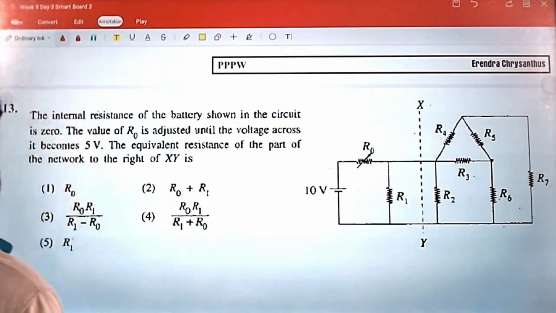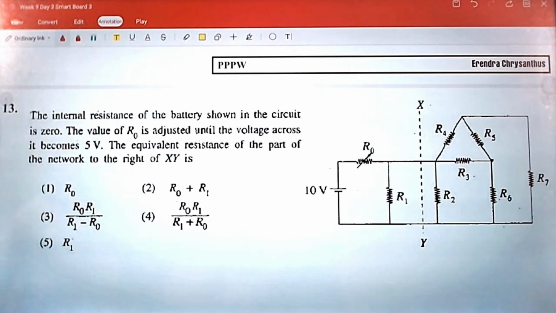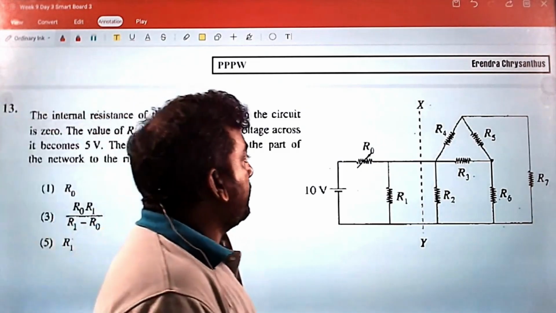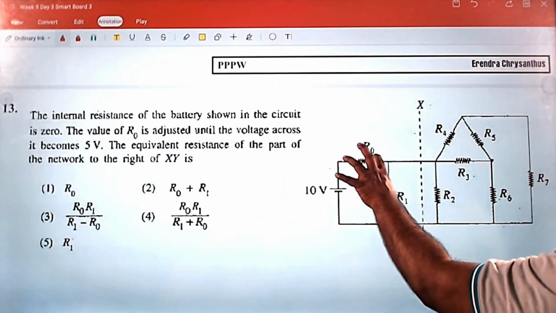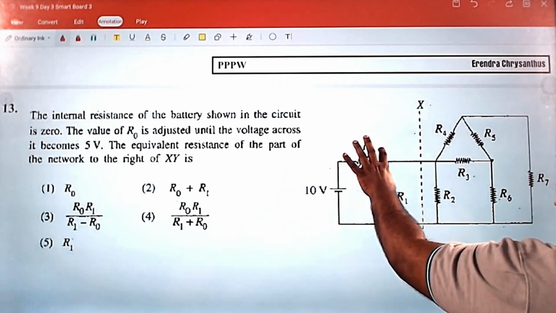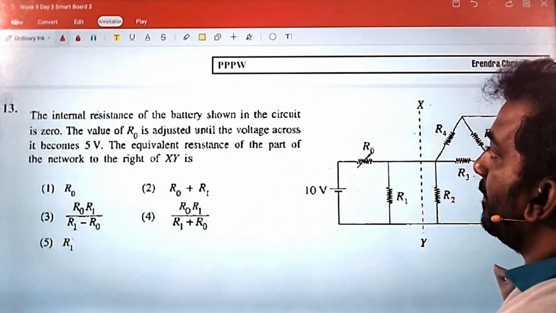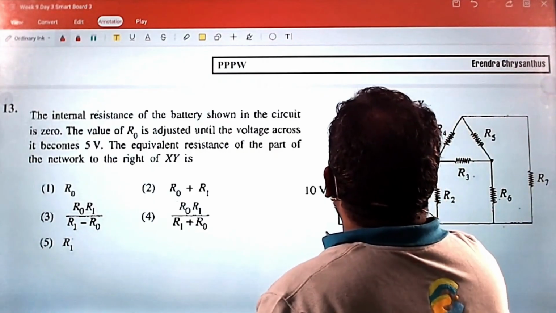Look at this carefully. The internal resistance of the battery shown in the circuit is 0. The value of R0 is adjusted until the voltage across it becomes 5 volt. So interesting, huh? The resistance here is changed until the voltage across it becomes 5 volt. So think carefully.